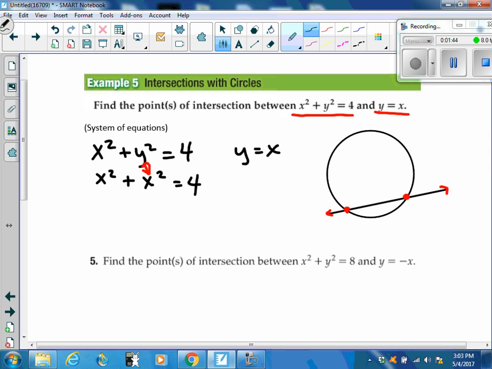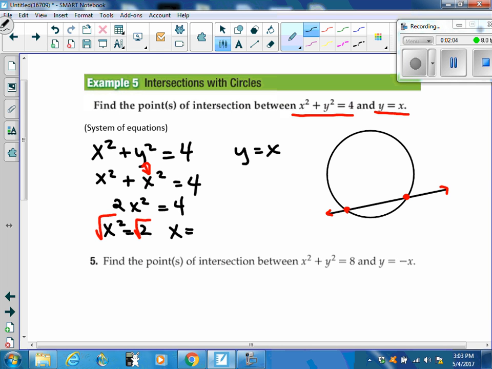Now I have an equation with just x in it. I can combine like terms. That's 2x squared is equal to 4. Divide by 2, so x squared is equal to 2. And then you have to take the square root. When you take the square root, though, we actually get two values.